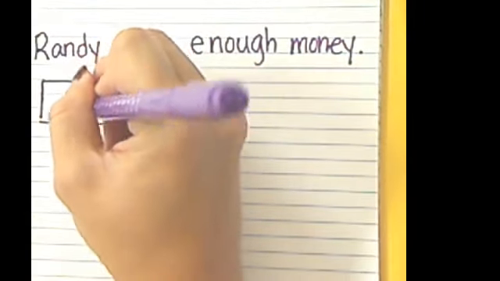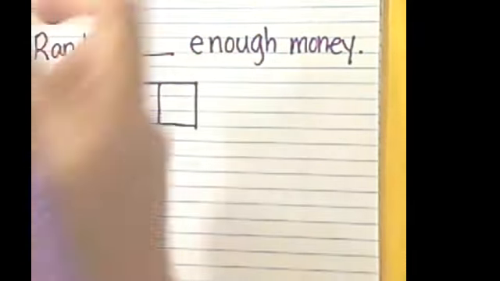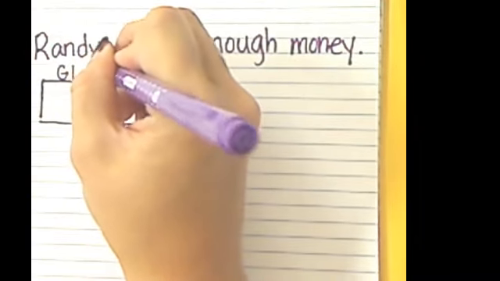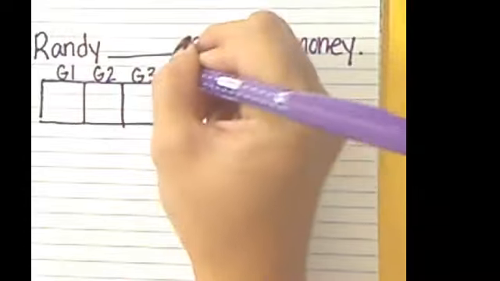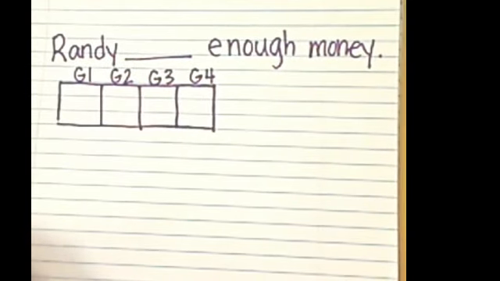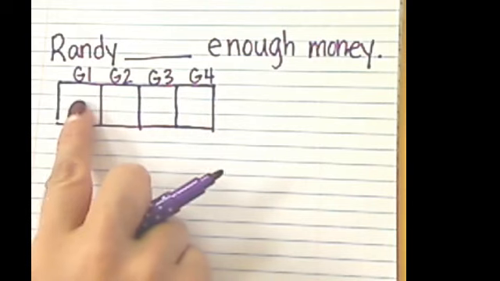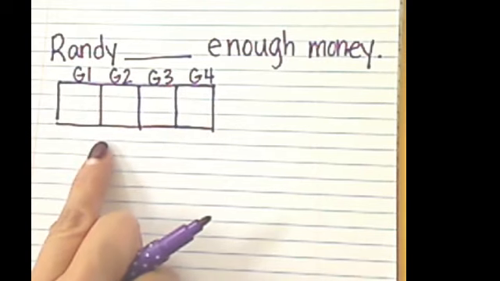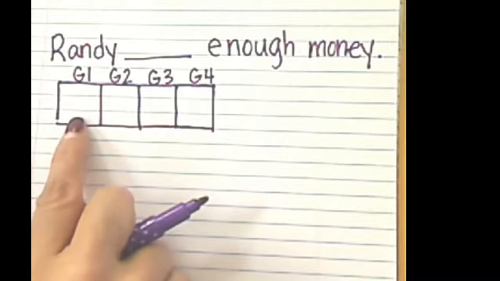So I'm going to make my model with my 4 games. This is game 1, game 2, game 3, and game 4. Okay, are you working this out on your paper as well? Make sure you're doing it. So if we've got our 4 games, we're going to write in how much money each one is going to cost. So let's look back at the problem.